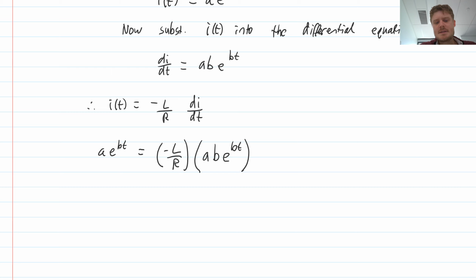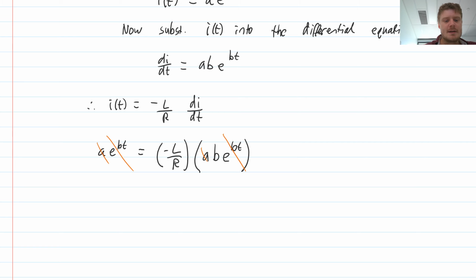This is nice because we can see that this equation will be true for certain values of b. So let's simplify. I can cancel a on both sides, and I can cancel e to the bt on both sides. An exponential is never equal to 0, so I can divide through by it, and that's all legitimate.